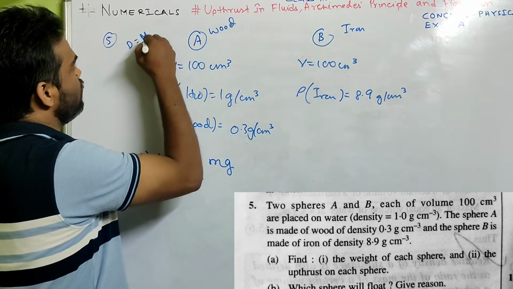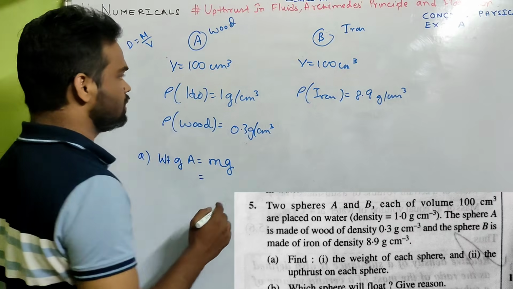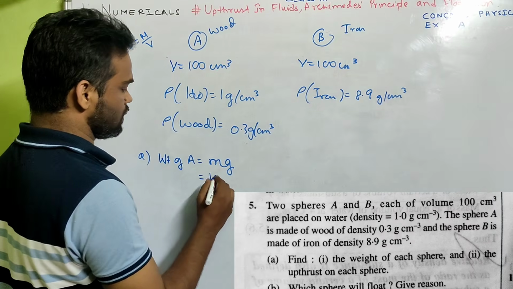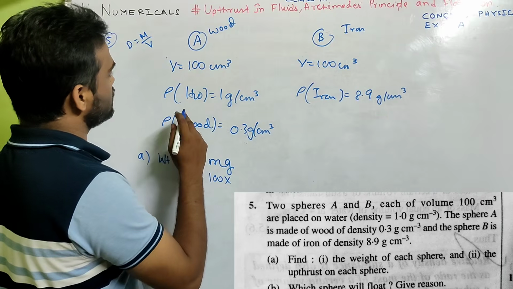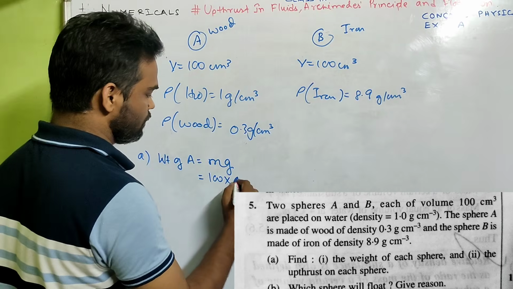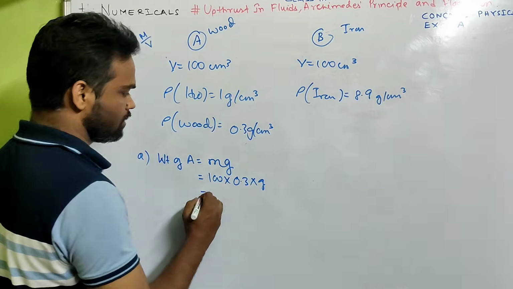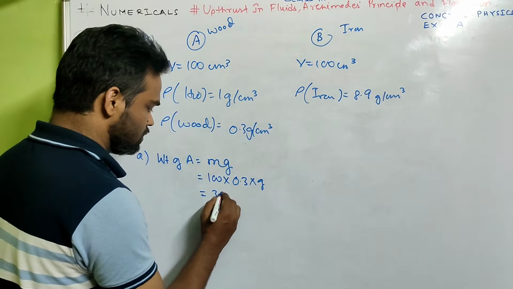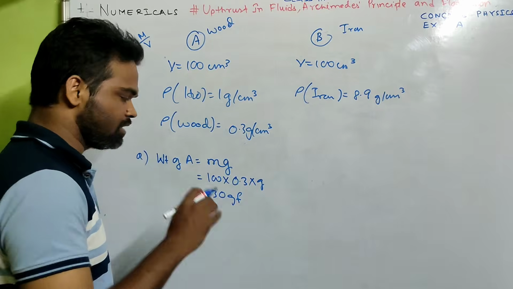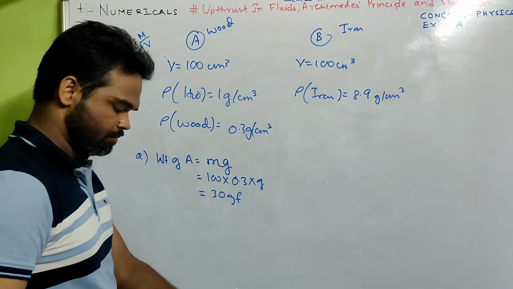The volume is 100, and density is 0.3, into g. I'm not putting the value of g because I'll get the answer in gram force. So that's 30 gram force. That is the weight of A.